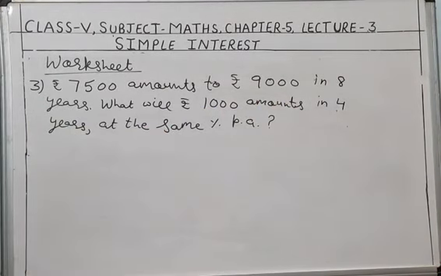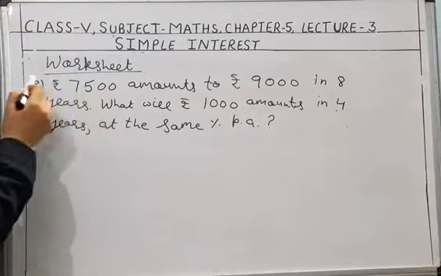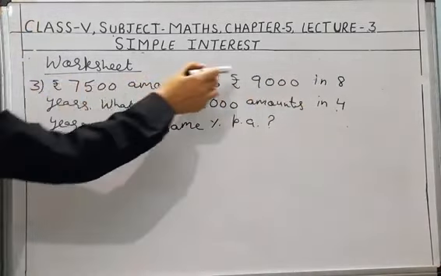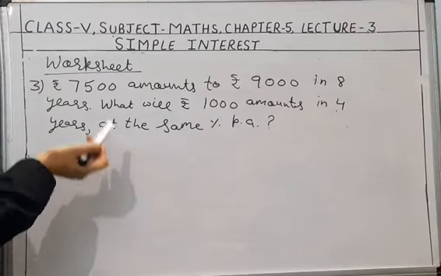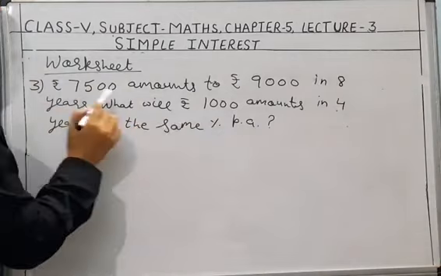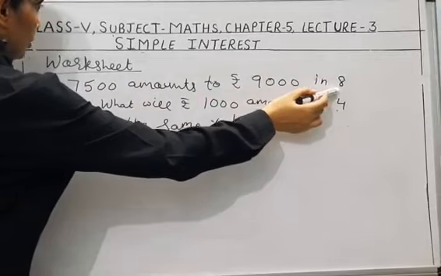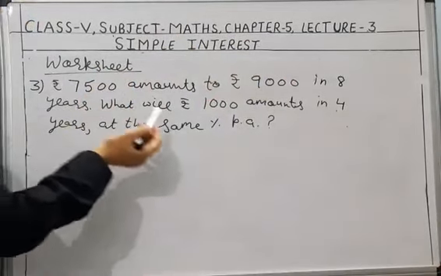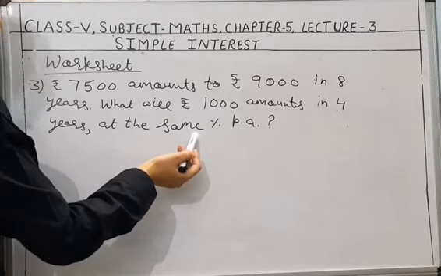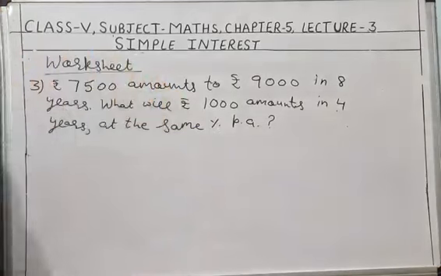एट द सेम परसेंट पर एनम। मीन्स रेट इज नॉट गिवन। फर्स्ट ऑफ ऑल वी हैव टू कैलकुलेट द रेट फ्रॉम दिस फर्स्ट लाइन। Information is given, we will calculate using these terms rate, and after that with that same rate, because it is given same percent per annum, same percent per annum means आपके इस प्रिंसिपल अमाउंट और इस टाइम से आपको रेट मिल जाएगा और फिर वो सेम रेट आपने नेक्स्ट सेकंड पार्ट में लगाना है where principal is this, time is this, and rate you are going to calculate from here, and at that time you will calculate amount.